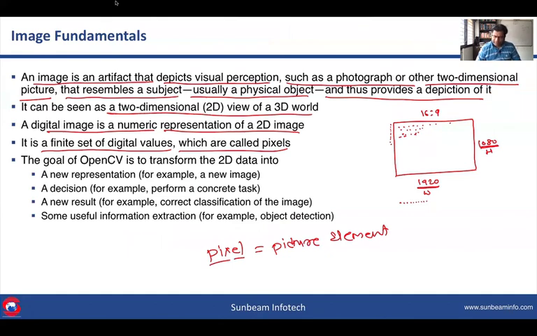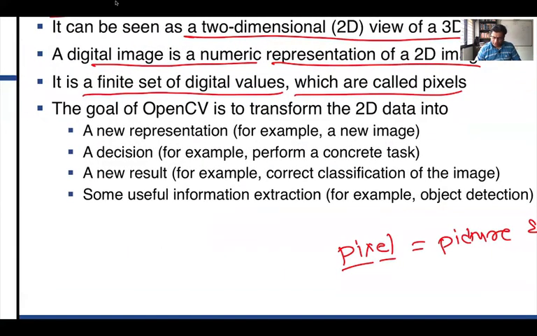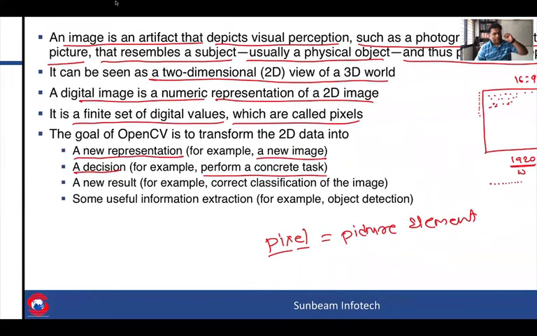The goal of OpenCV is to transform this 2D data into a new representation, for example a new image, by converting its color or changing the image representation from one to another. Or to take a decision, for example perform a concrete task, maybe take a feature out of it, or recognize what object is inside it. Or a new result, like the correct classification of the image, whether it's a cat image or a dog image, a mobile, a tablet, a computer or a laptop image.